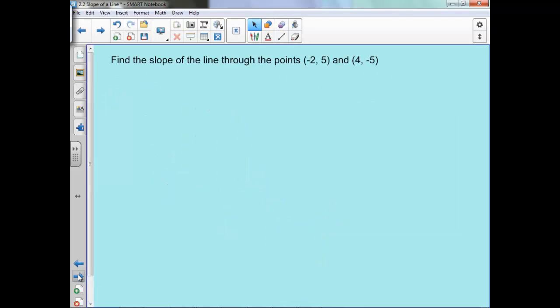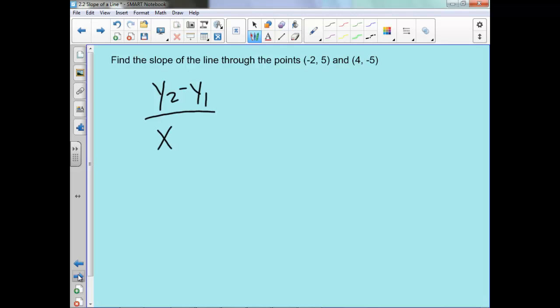So now we're going to use the formula to figure out the slope between these 2 points. So remember, it was y2 minus y1 over x2 minus x1 was our formula. So using our points, our second y-coordinate is -5 minus our first coordinate is +5.